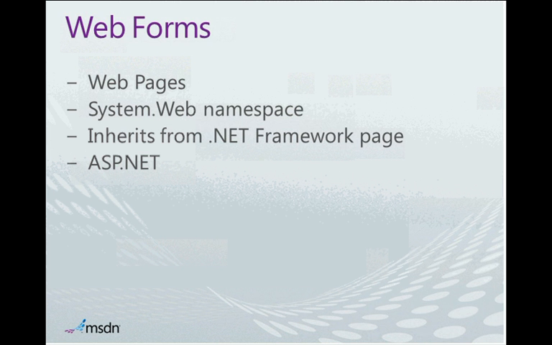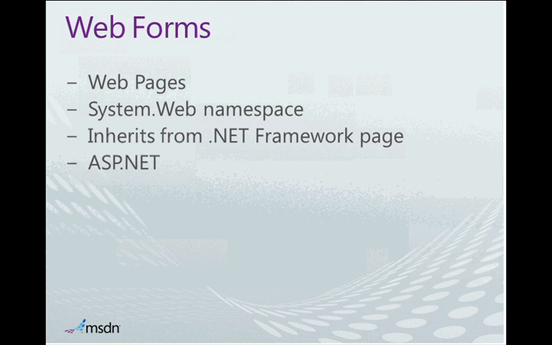Now, instead of the application inheriting from system.windows.forms, a web page is always going to inherit from system.web.ui.page, all contained within the system.web namespace. So when we build our application in C#, we're actually going to build it either in a web page itself, or we're going to build a class that inherits from that page.